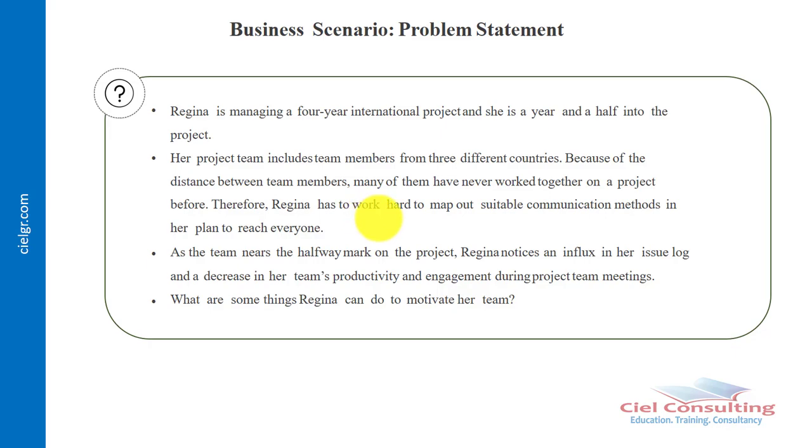Therefore, Regina has to work hard to map out suitable communication methods in her plan to reach everyone. As the team nears the halfway mark on the project, Regina notices an influx in her issue log and a decrease in her team's productivity and engagement during project team meetings. What are some things Regina can do to motivate her team?